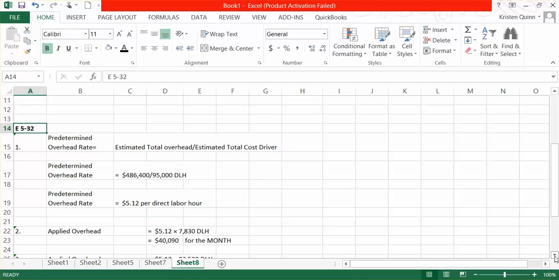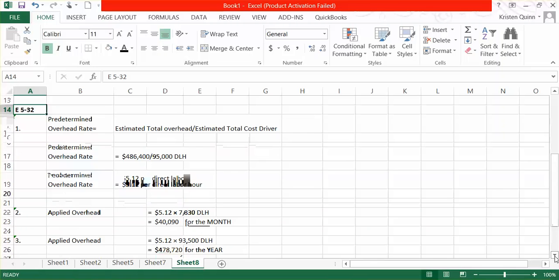We know that we use our predetermined overhead rate and multiply it by the actual amount of those direct labor hours. Therefore, for the year, we've applied $478,720 in overhead for the entire year. Notice that our estimates were not far off from the actual amounts.